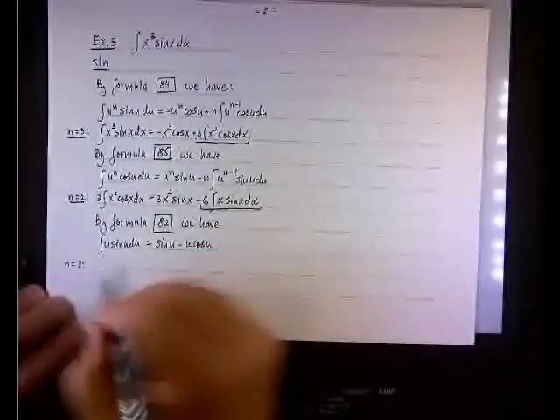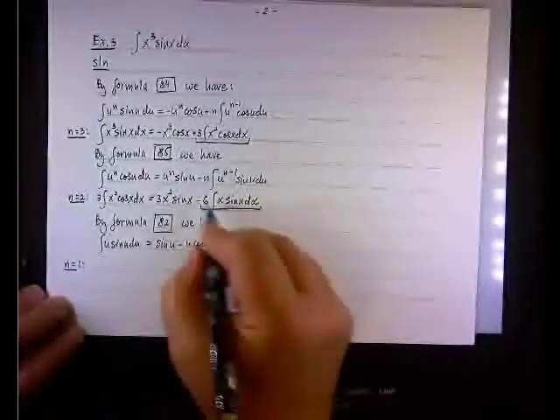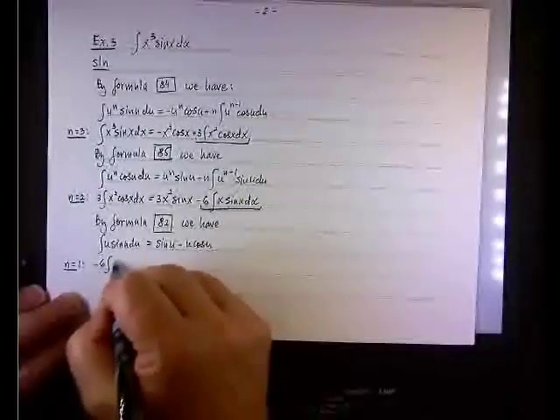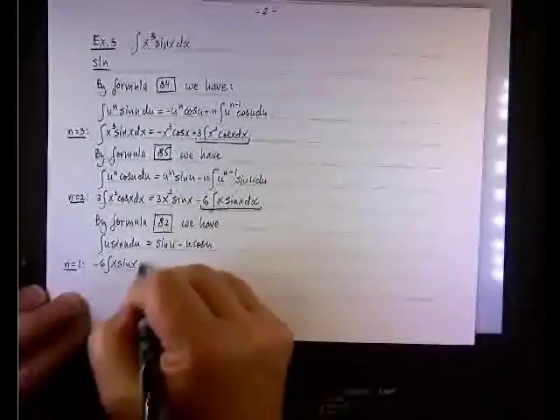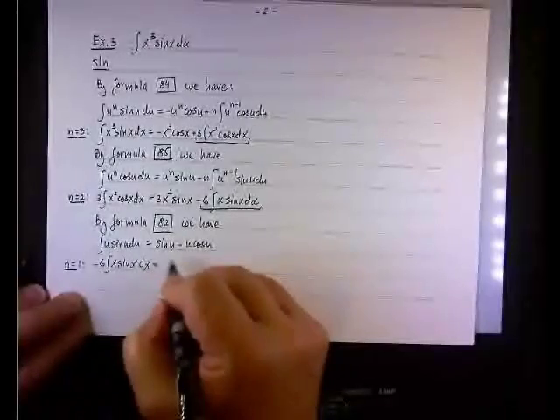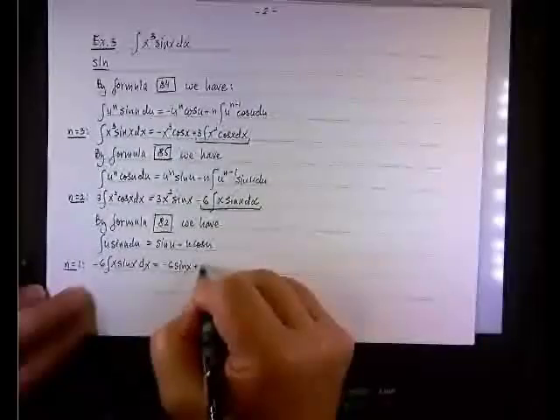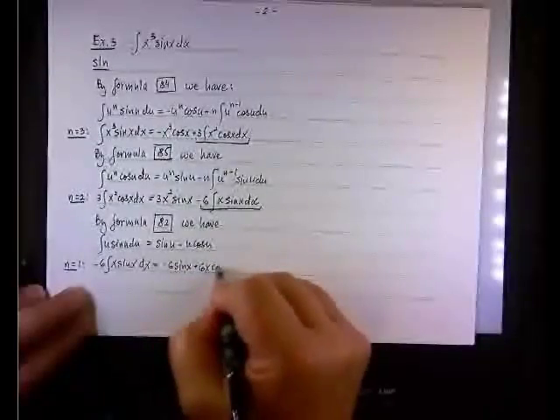Oh, we don't have n, but we have -6. So -6 times the integral of x sine x dx equals -6 sine x plus 6x cosine x.